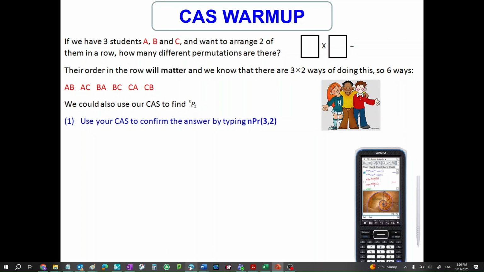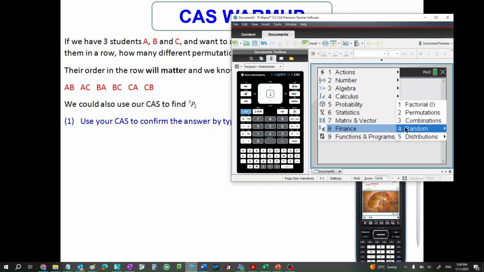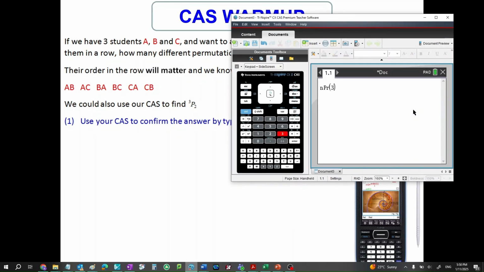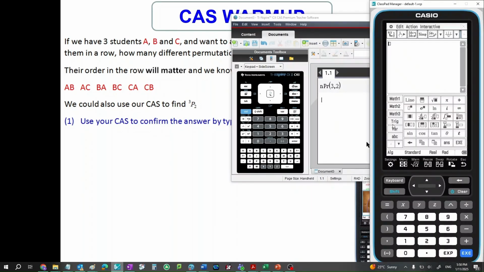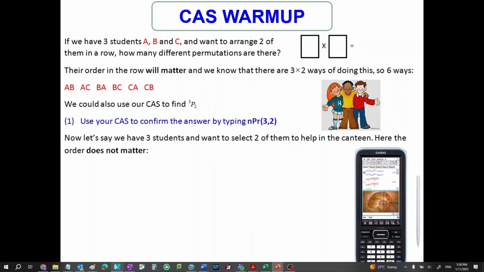If I look at TI, menu, probability, permutations, 3P2, we get 6. If we look at ClassPad, we come down here to advanced, nPr, 3 choose 2, we get 6. Use our CAS to confirm the answer. Make sure that you're happy with that.